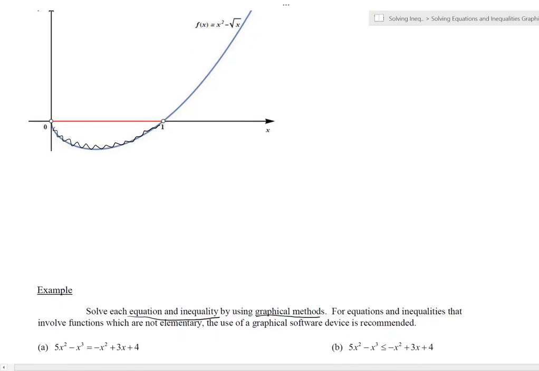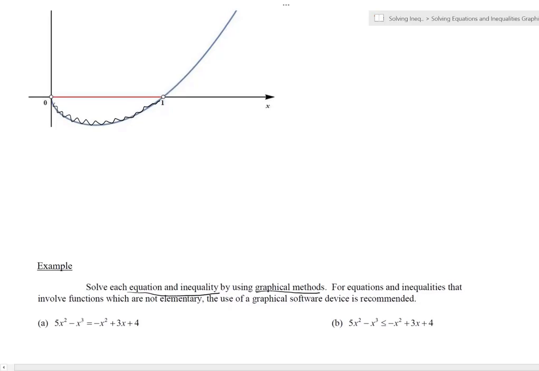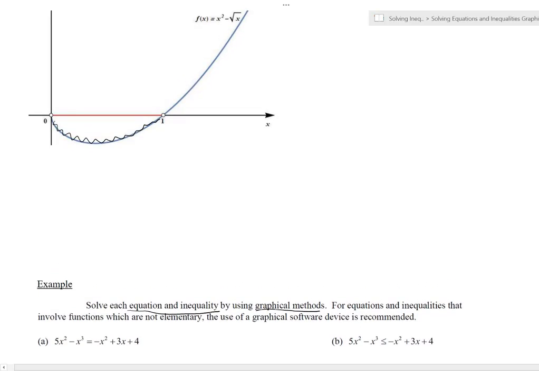So what are the equation and inequality? It's these two right here. When does 5x squared minus x cubed equal negative x squared plus 3x plus 4? And where is 5x squared minus x cubed less than or equal to negative x squared plus 3x plus 4? For the sake of this, we can call the left-hand side f of x.